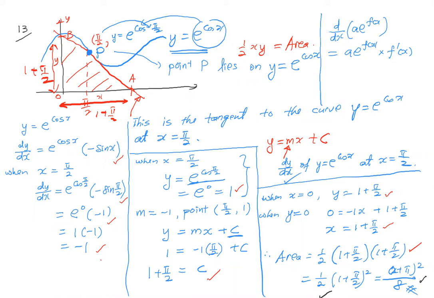So the x coordinate of P is pi by 2. So what is the y coordinate? Are you clear? Yes, clear. Okay. So anything else?